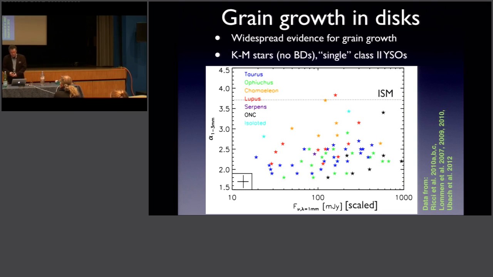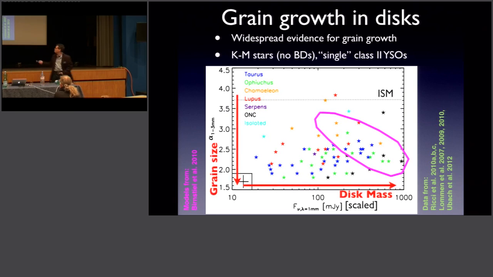And what you can see from this graph, roughly speaking, is that the mass goes in this direction and the grain size goes in this direction, okay? Since most of the objects are below this dashed line, which is the interstellar medium dust, you see that the dust in all of these disks is dominated by grains that are relatively large.